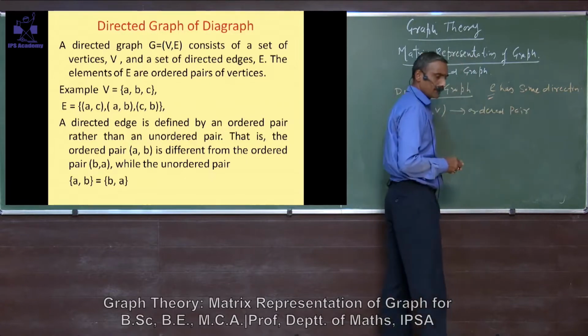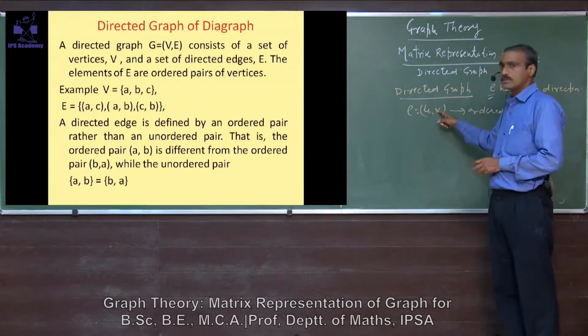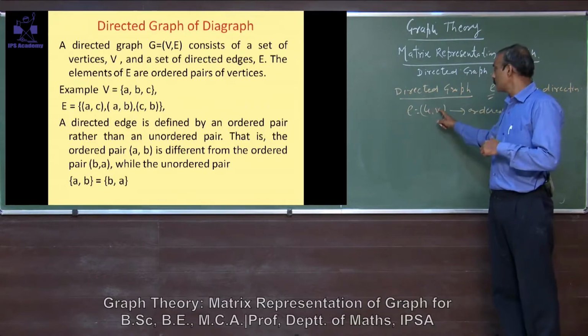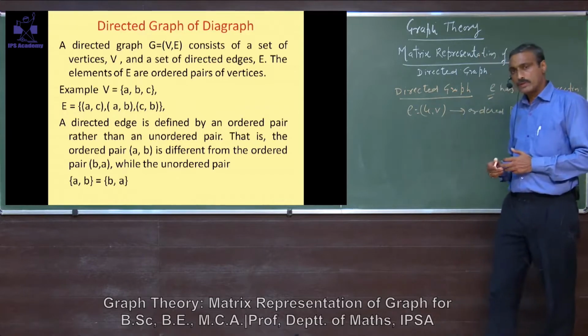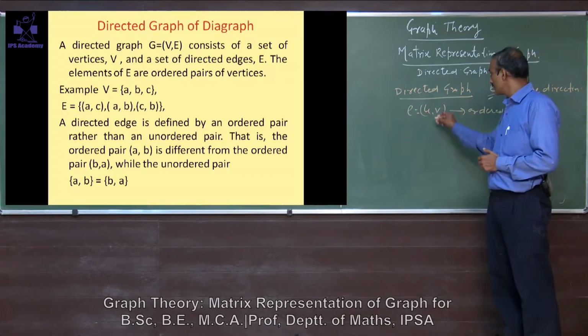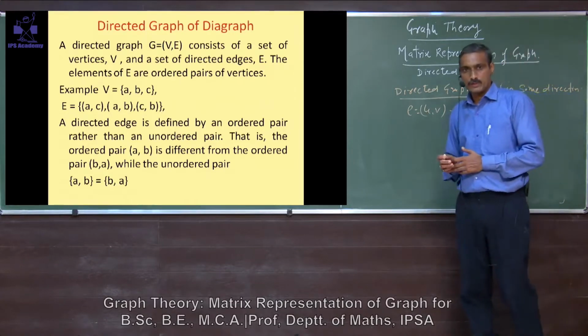In a simple graph, U comma V and V comma U are the same. But in the directed graph it is different. U comma V means we are directing from U to V.